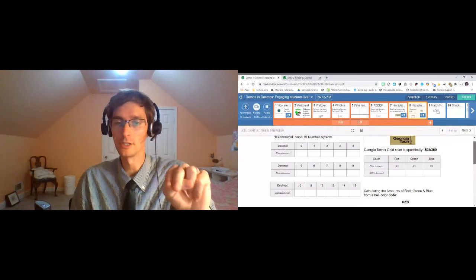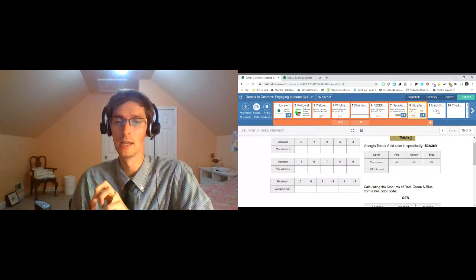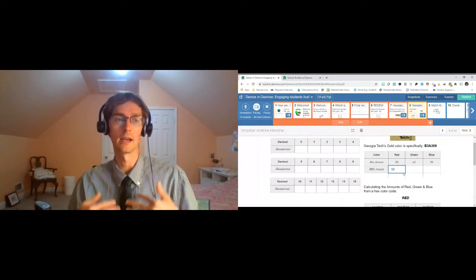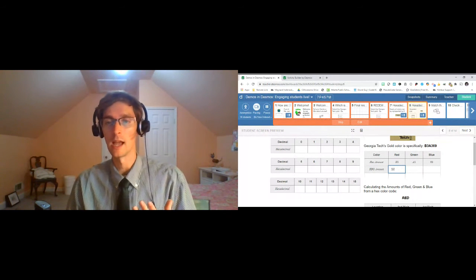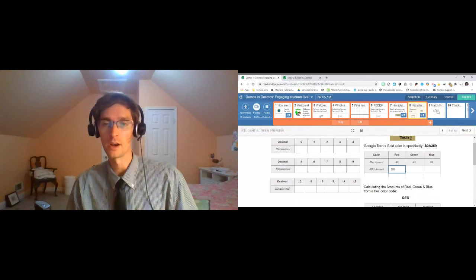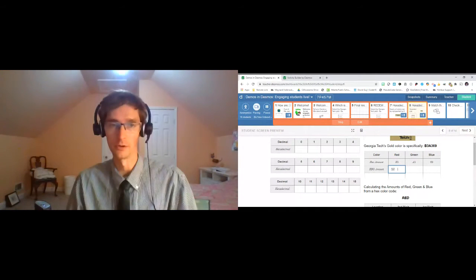As you can see, I've drawn the information we just put into this box into this table up here. Red, green, blue amount, this is going to be like a regular decimal number that we're used to. So this is something that we can look at and see as a quantity of red, a quantity of green, and a quantity of blue, what 3 amounts put in that Georgia Tech gold.